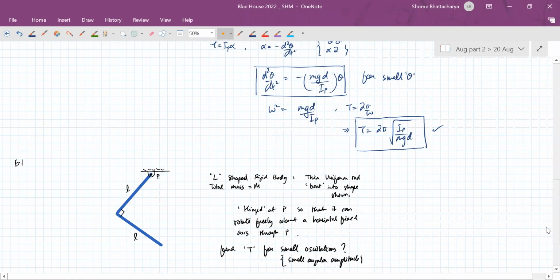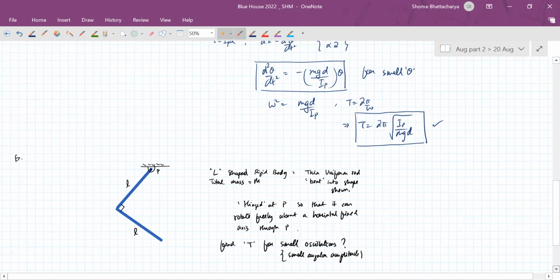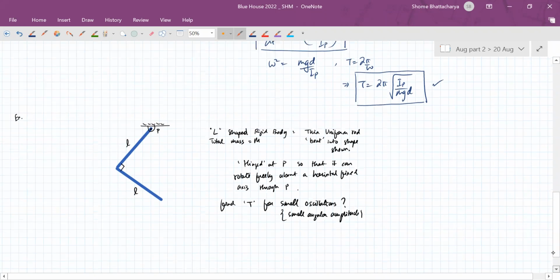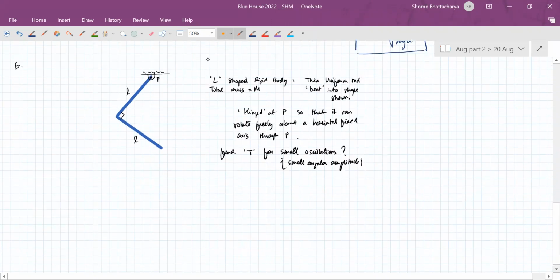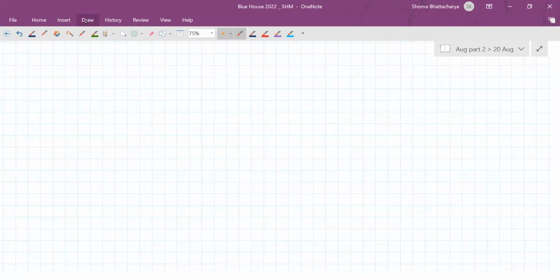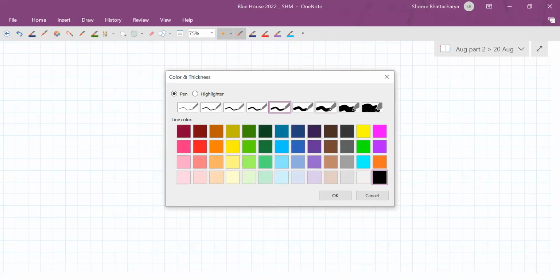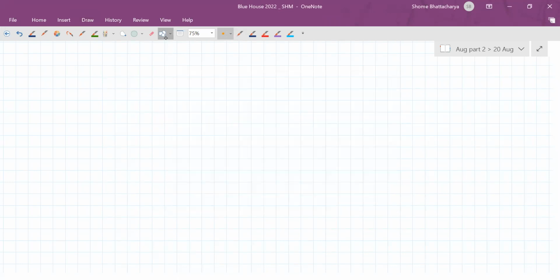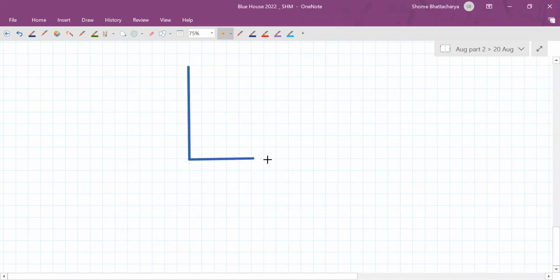The main thing to remember is that at the equilibrium position, the center of mass will be vertically below the hinge or the axis of rotation. In general, if the shape of the object is like this, where is the center of mass located?